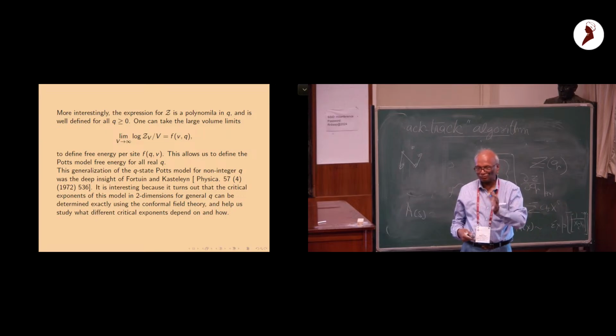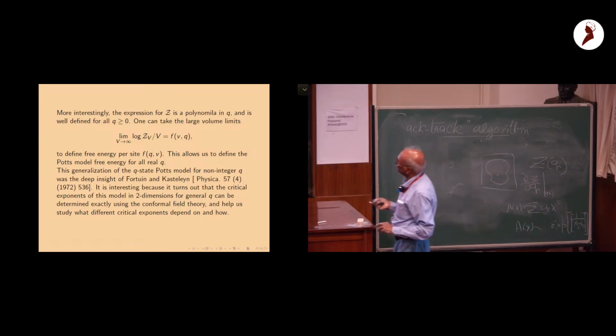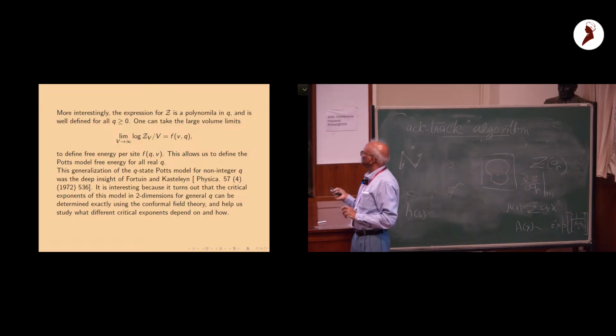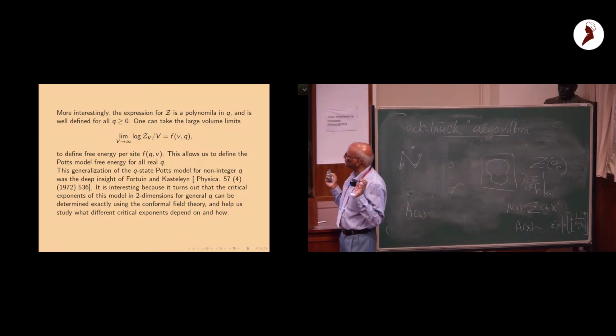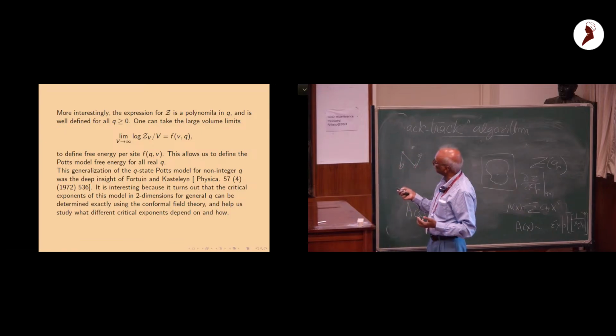There is a sort of general proof people give, which I am not giving here, that log Z is proportional to V. So log Z by V, in the limit V goes to infinity, gives you a quantity which is called the free energy per site in this general model. Okay.